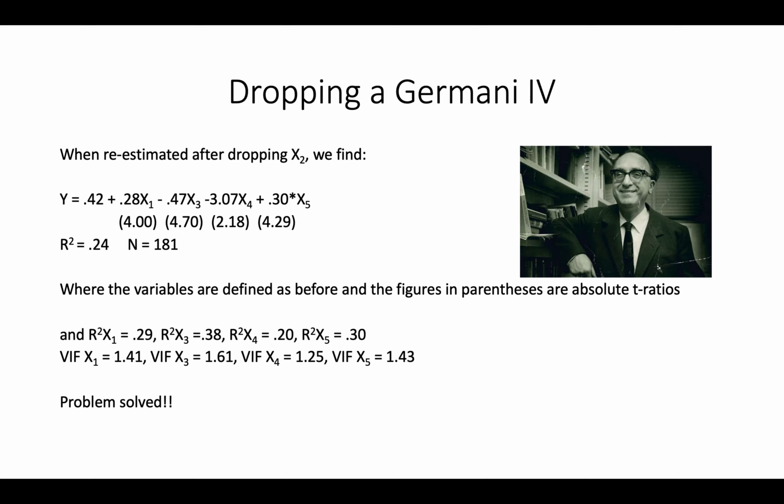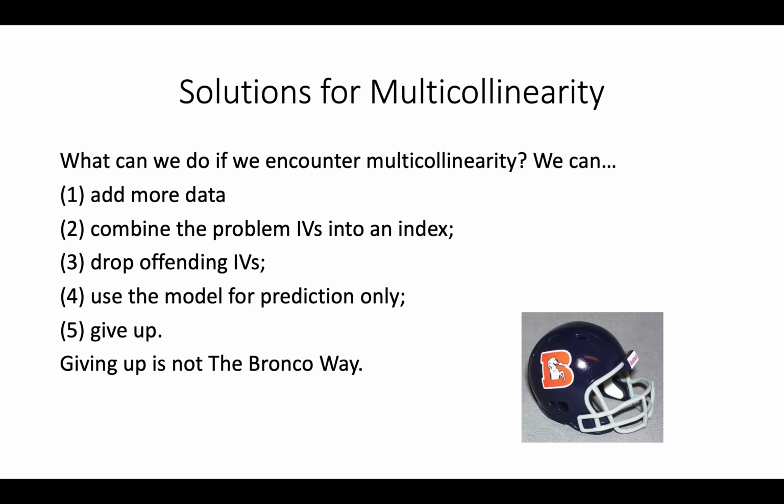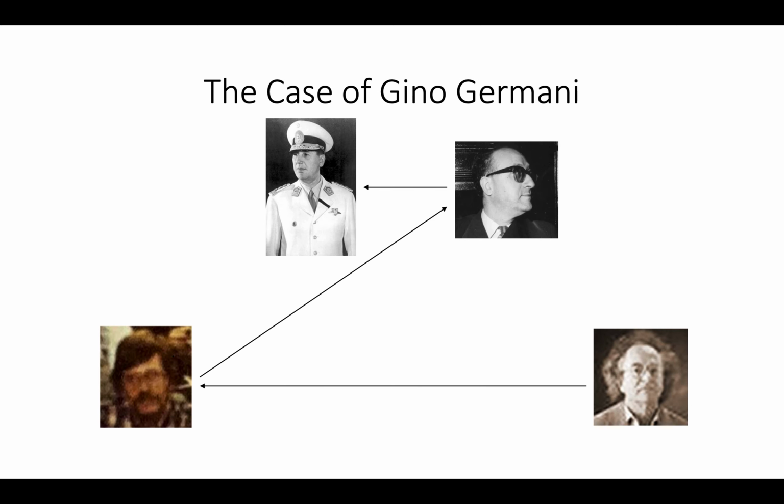Now, how do we know about this Germani multicollinearity example? Well, the final part of this case, Professor Michael Lewis Beck of the University of Iowa was a colleague of Peter Snow's at the time that Snow diagnosed this multicollinearity problem. Lewis Beck was writing a monograph on regression analysis and asked for permission from Professor Snow to use that example in his monograph.